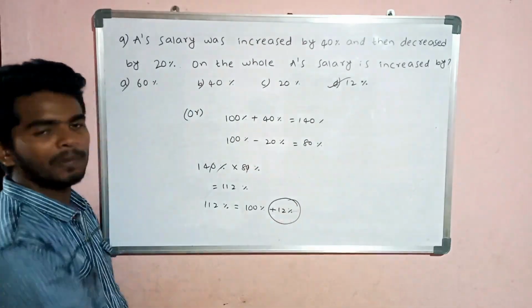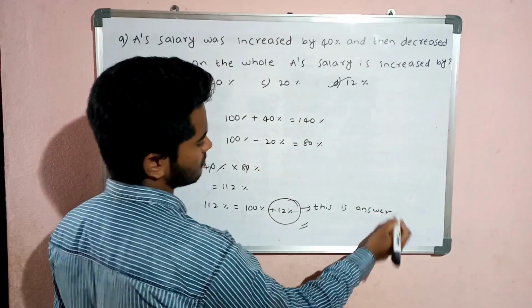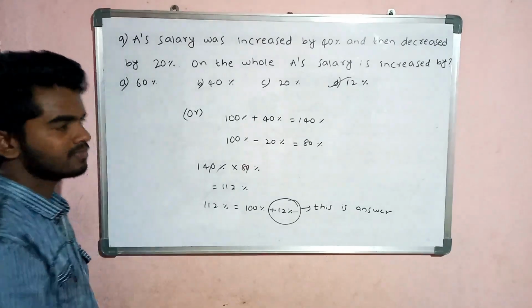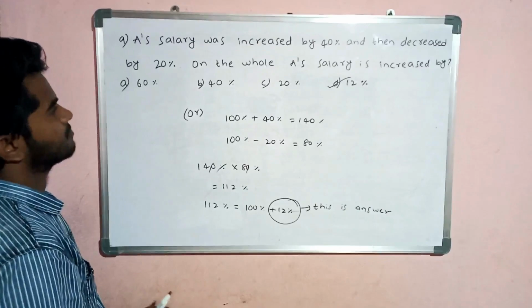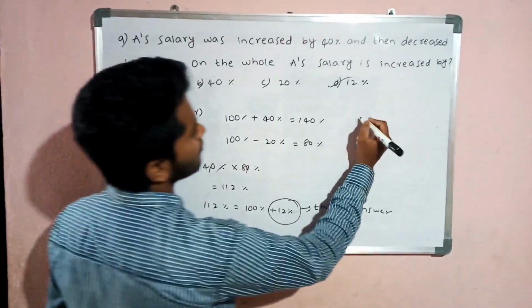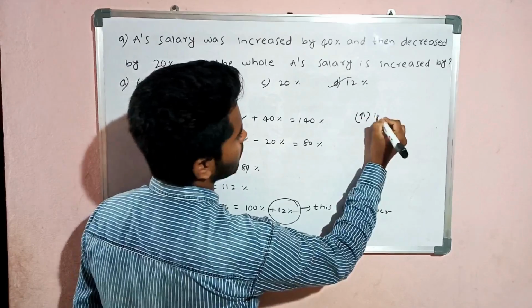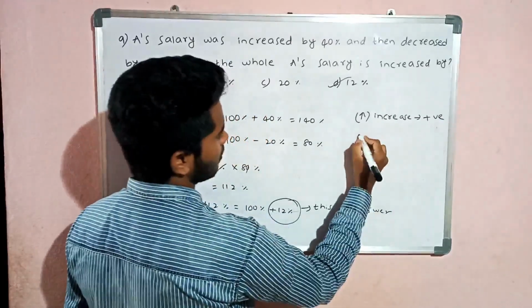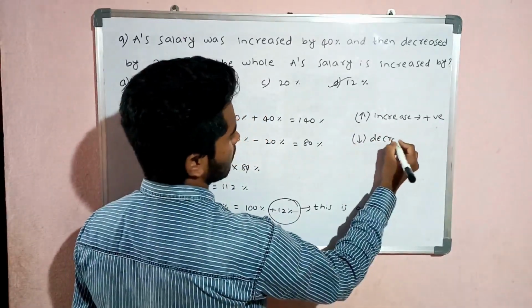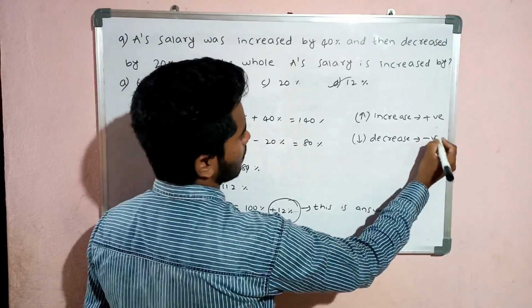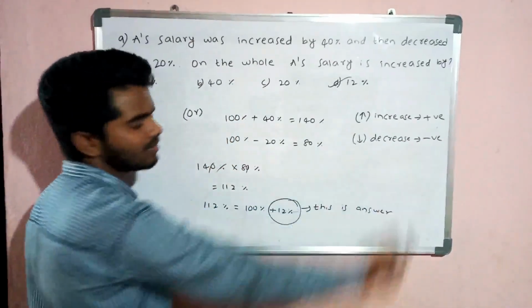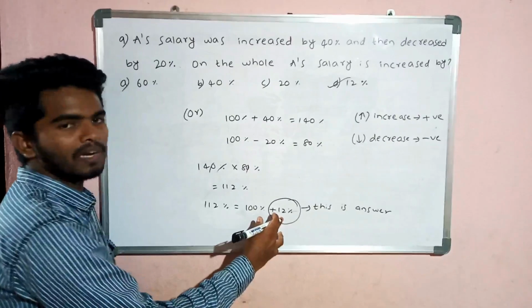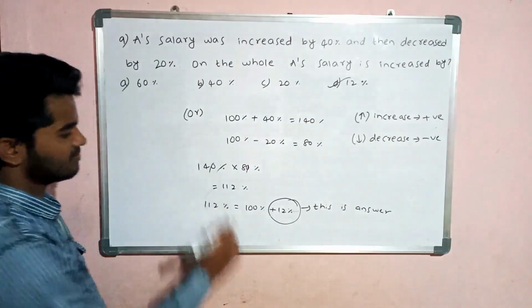This plus 12% is our answer. Increased is positive, decreased is negative, so plus 12% means 12% increased.